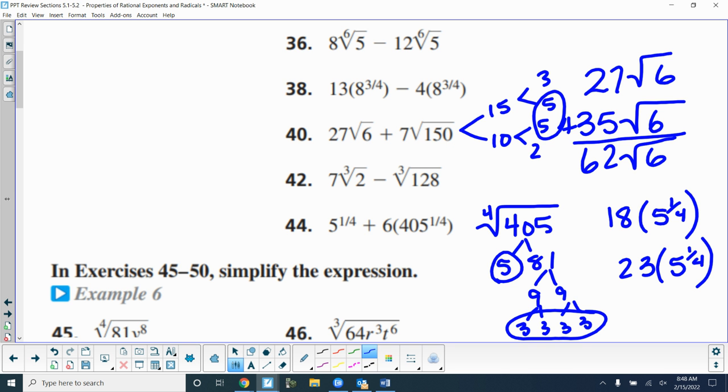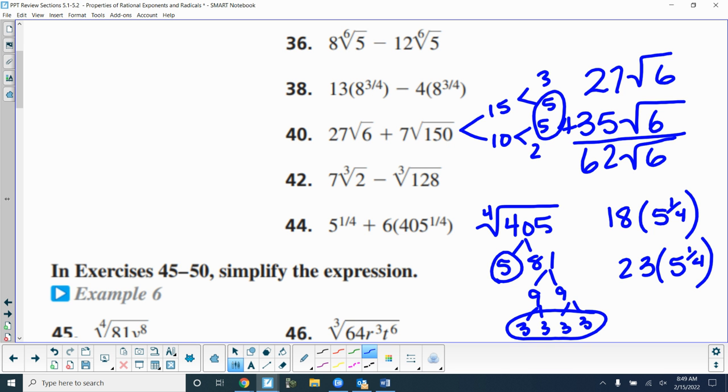Now, my book said 19, didn't it? Should be 23, right? Because it's addition. Oh, yeah, 3 times 6 is 18, right? So my book had a wrong answer. I didn't do anything wrong, did I? Sometimes I do.